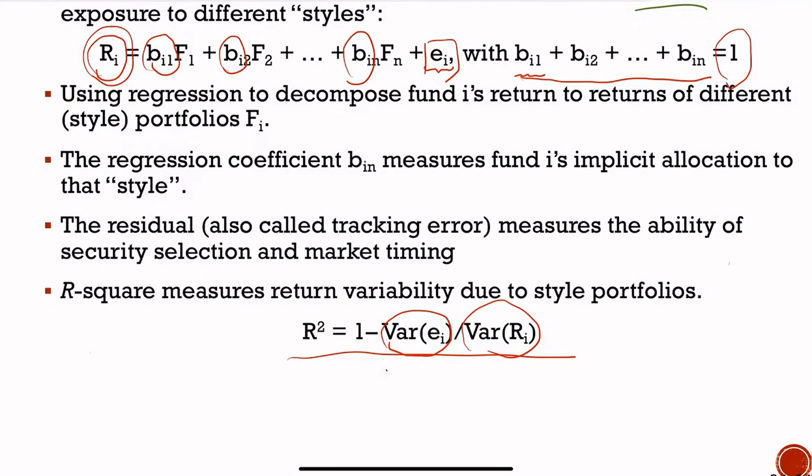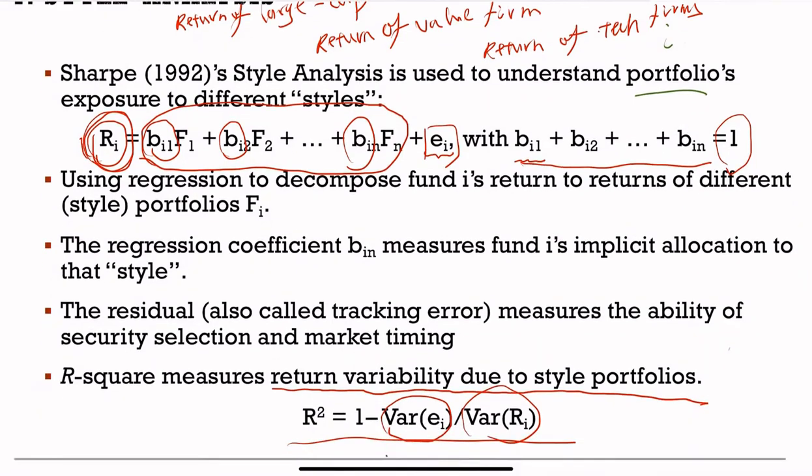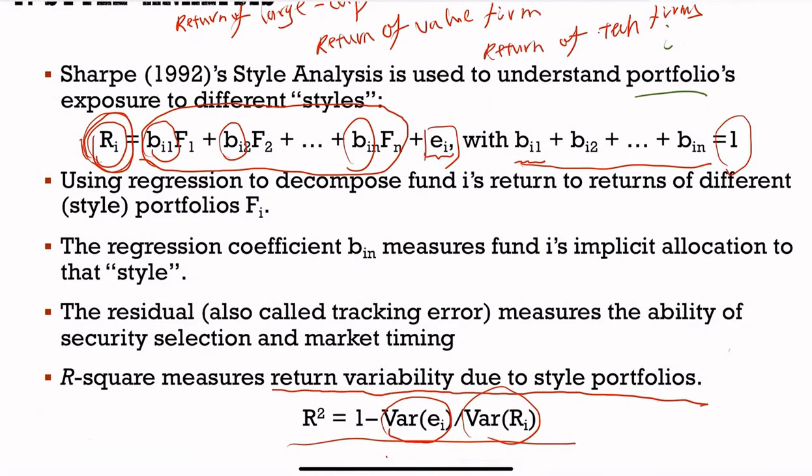The meaning of this ratio is that it measures the return variability due to style portfolios, or the portion of change in R_i which is explained by these style portfolios. I understand this part looks complicated because, again, you need some understanding of econometrics.